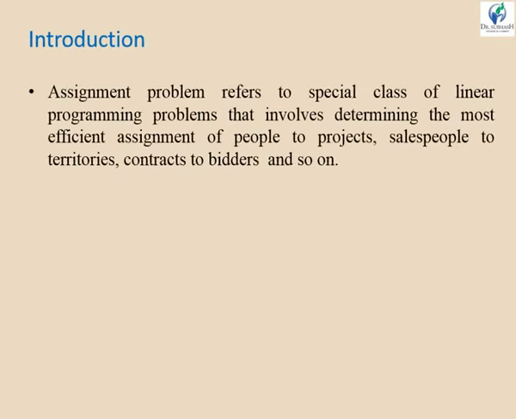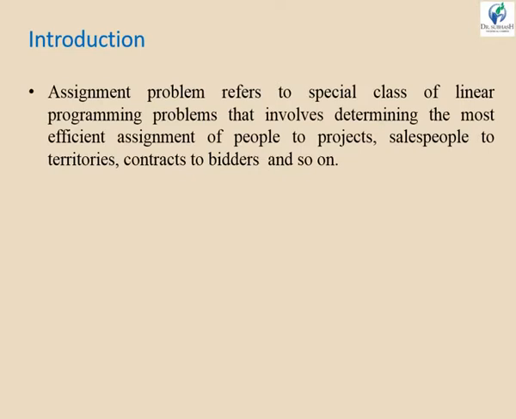So the assignment problem is a special case of a linear programming problem which involves determining the most efficient assignment of people to projects, salesmen to territories, contractors to the bidders, and so on.